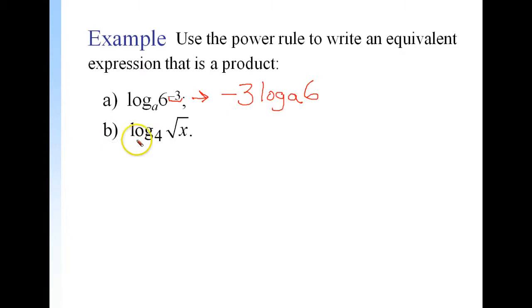Now for our example in B, we want to convert this, which is in our base here, to something with an exponent. So this becomes log of 4, base 4, to this.